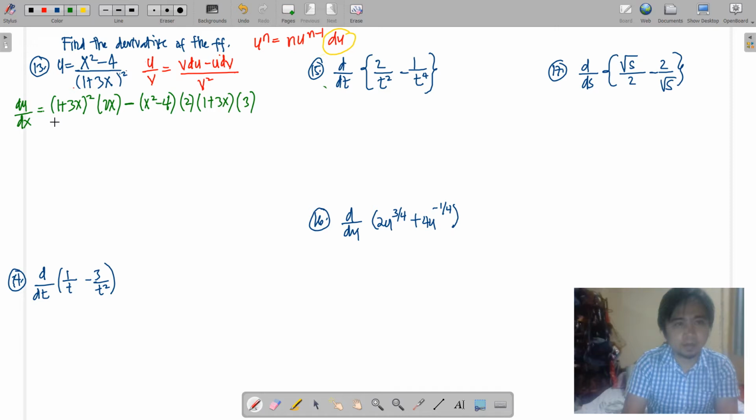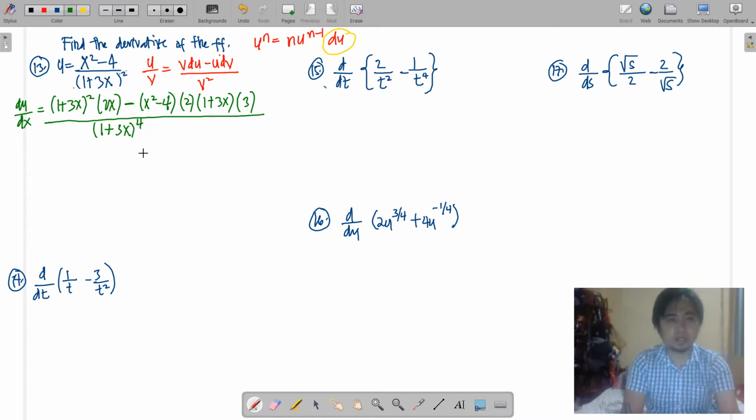Okay. So we divide this by 1 plus 3x squared, raised to 2. Squared raised to 2 is raised to 4 already. Notice that we have a common term, 1 plus 3x. So 1 plus 3x can be factored out.